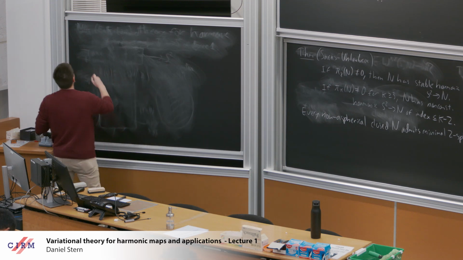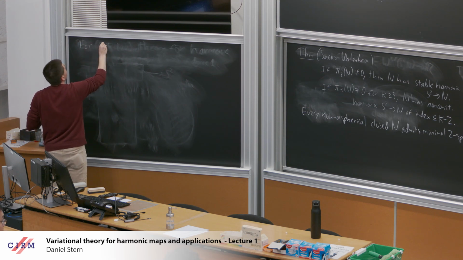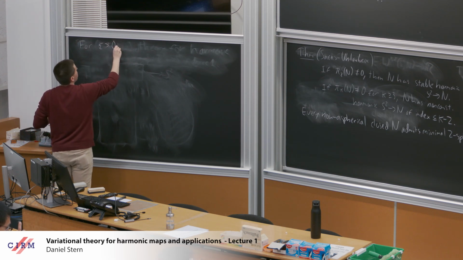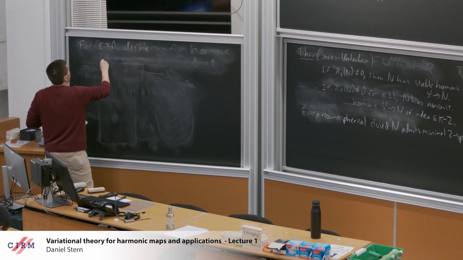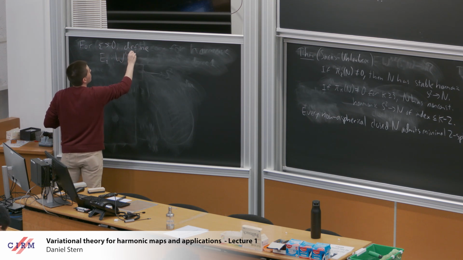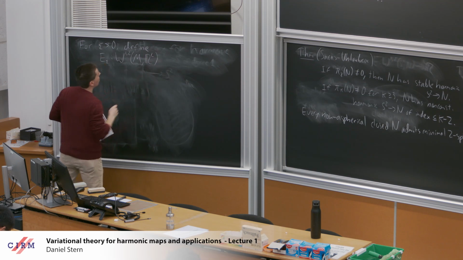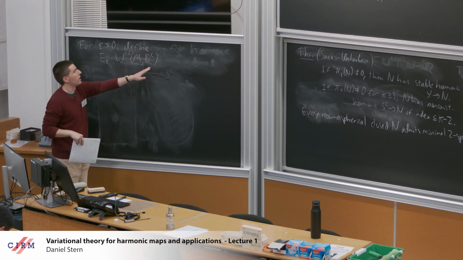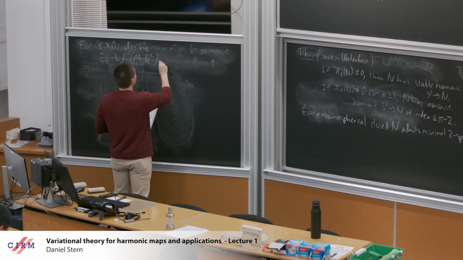All right, so for epsilon bigger than 0, we define a functional E_epsilon from W^{1,2} maps from M into R^L. Right now, this is just our nice Hilbert space, literally a linear Hilbert space of R^L valued maps in W^{1,2}.